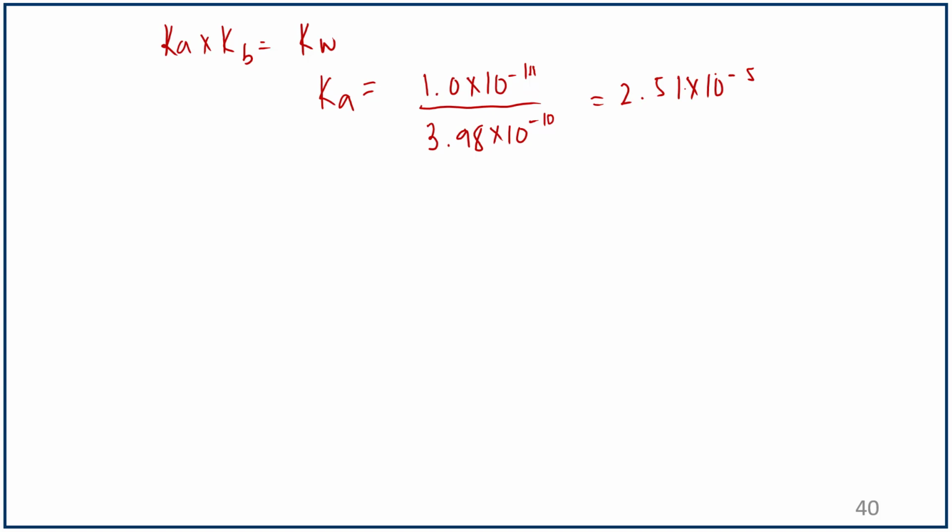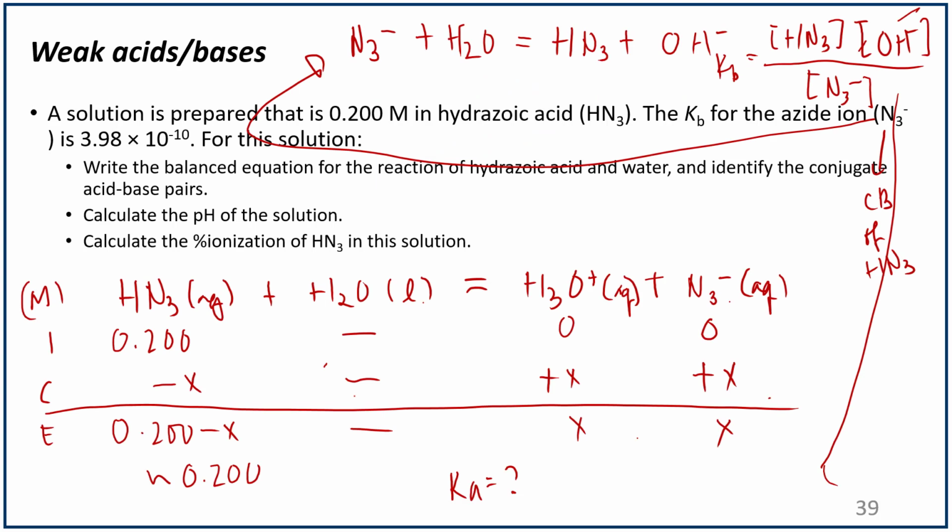And then to solve for x, we can now finally write the expression for Ka. We now have a Ka value, so let's apply this assumption.